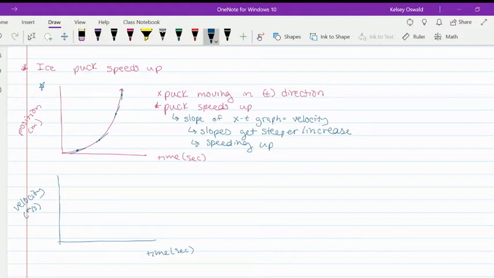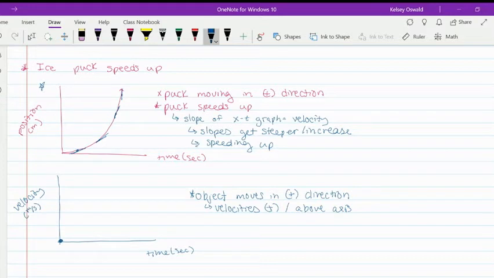The first thing we need to look at is what direction we are moving. We can see here that our object is moving in the positive direction. And if we look at all of our slopes from our position time graph, all of our slopes are positive. So that tells us our velocities are also going to be positive, or in other words, they're above the x-axis. Our object starts at rest, so it starts at a velocity of 0.